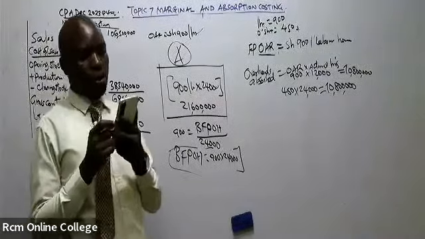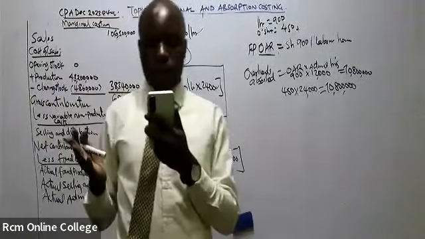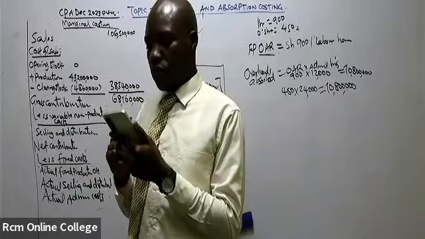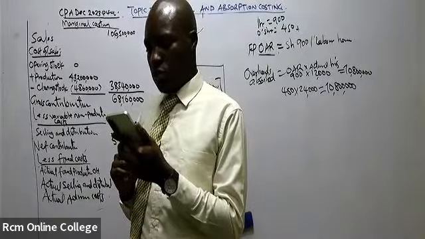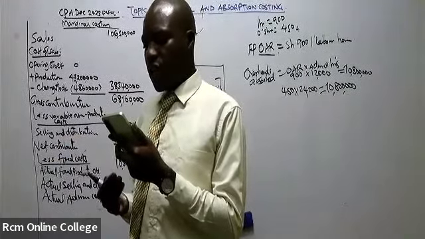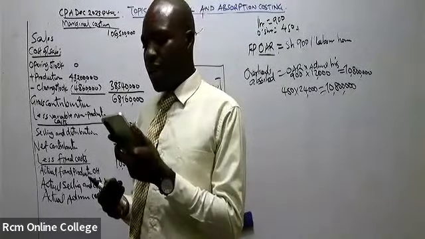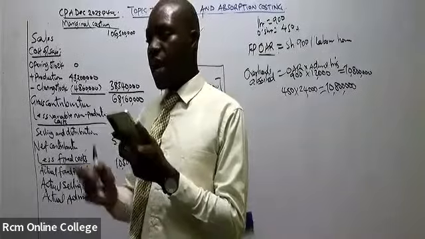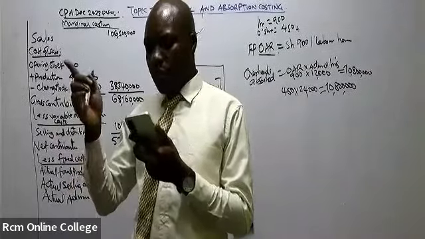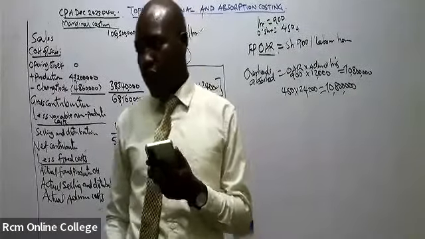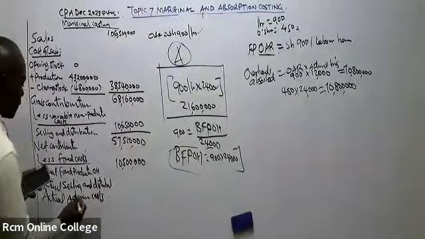The budgeted fixed selling and distribution overheads were 50,000 less than the actual. I can see the budgeted is 9 million. So this 9 million is less than the actual by 50,000, which means the actual is 9 million and 50,000.